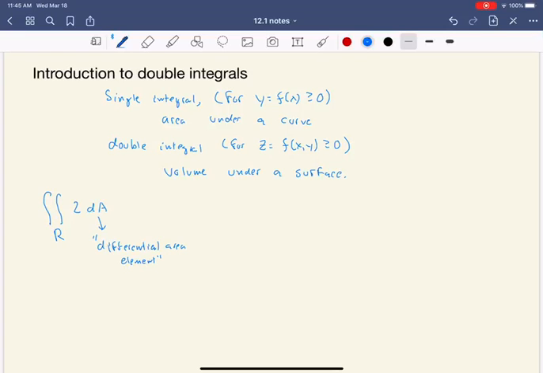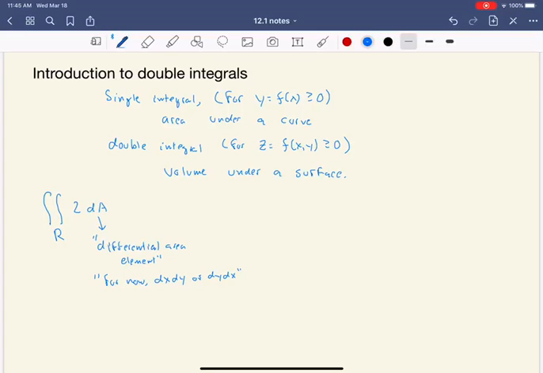For now, we're going to interpret that as dx dy or dy dx. There's a deeper interpretation there, but for now, let's just use that.